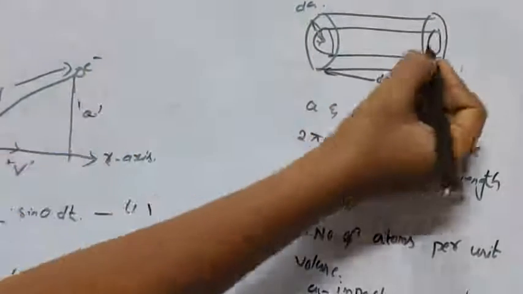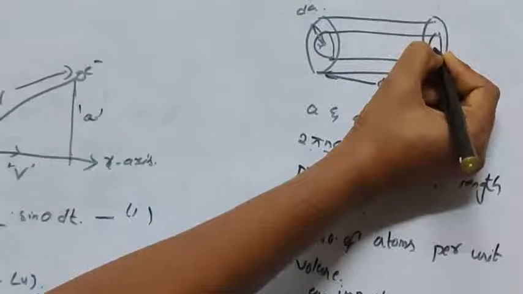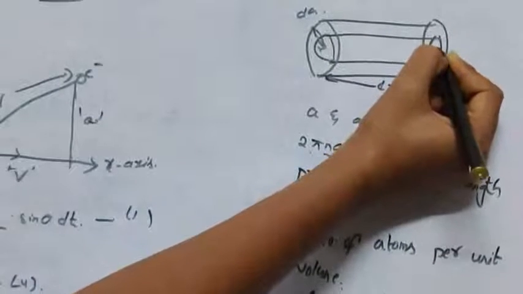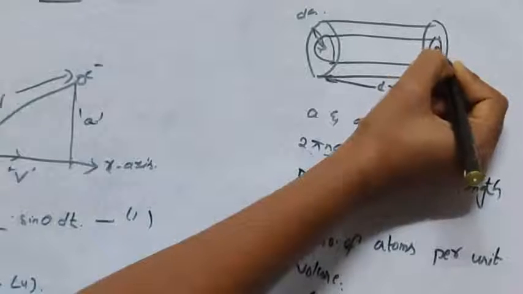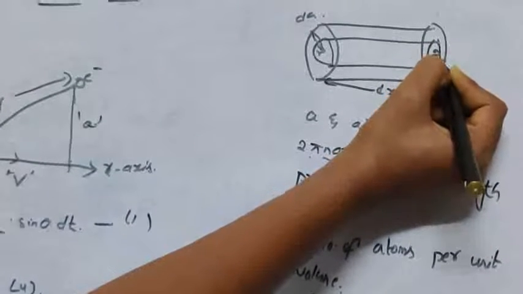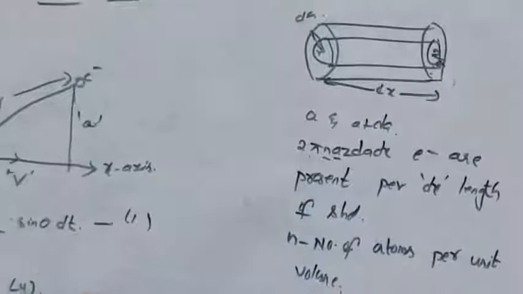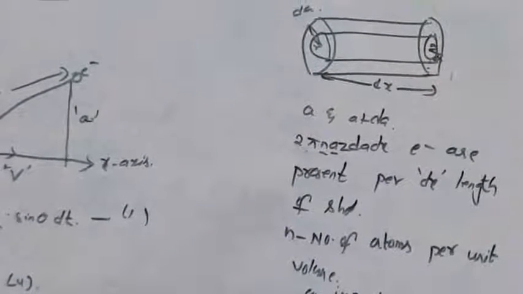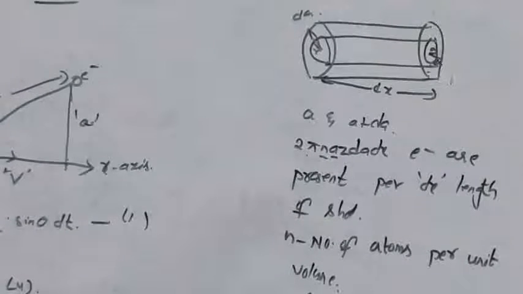Here A represents the distance from the center point to any point on the inner layer. This is A, and this point represents A plus dA. So the radii of the cylindrical shell are A and A plus dA.